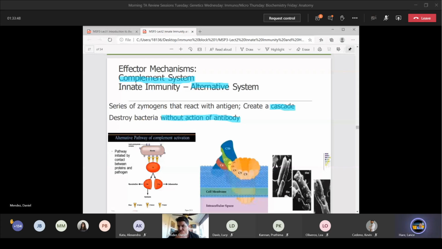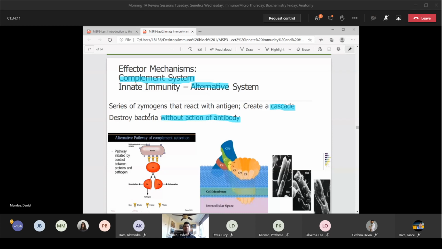And then, does C3 turn out to be a chemokine? So no. In this complement system, these zymogens aren't chemokines. They're technically not cytokines either. Zymogens are large proteins that get broken down to become activated. You'll see this when you get to the blood clotting cascade.